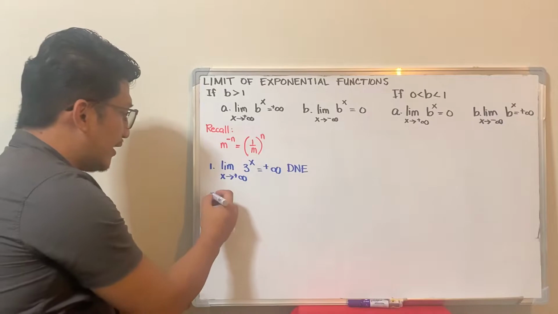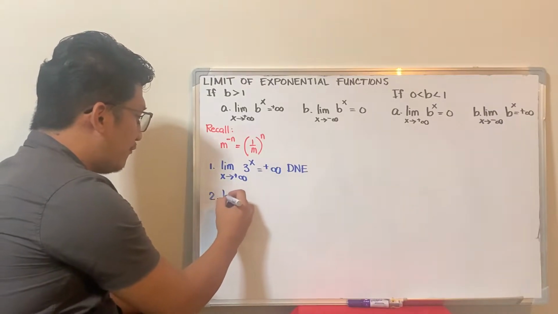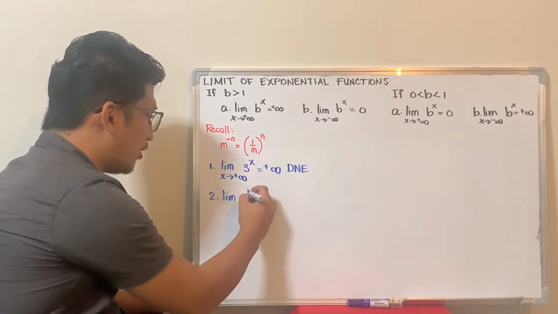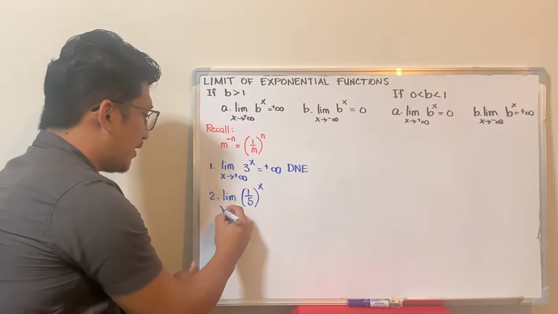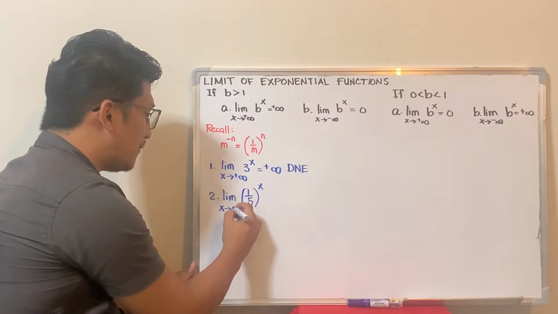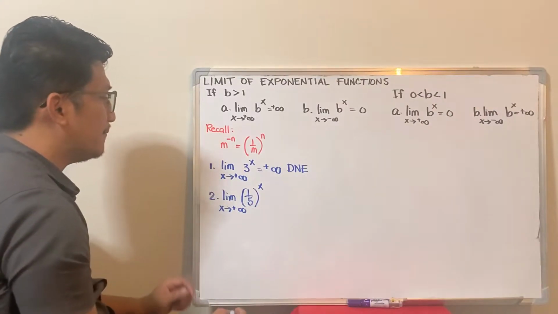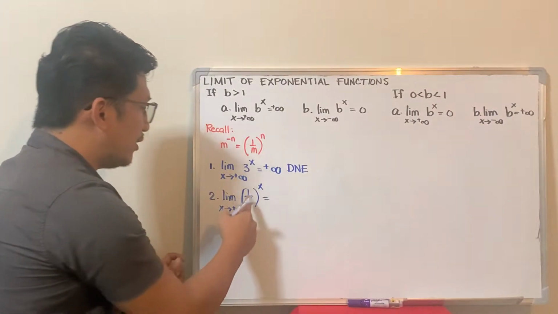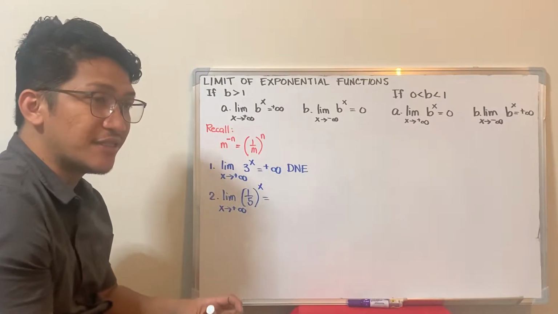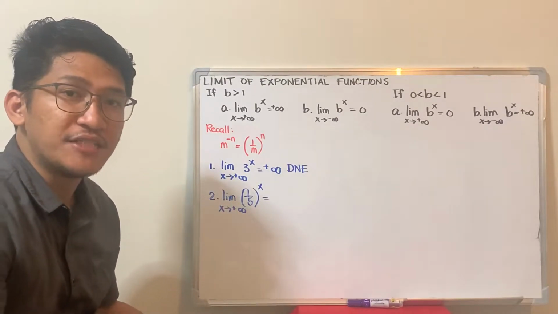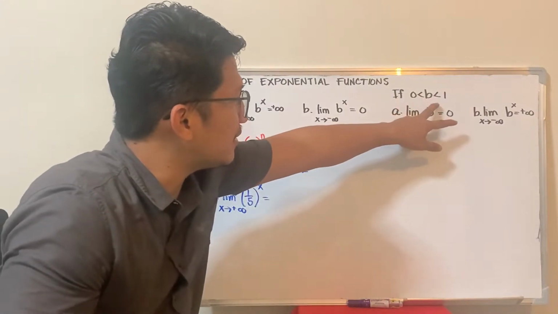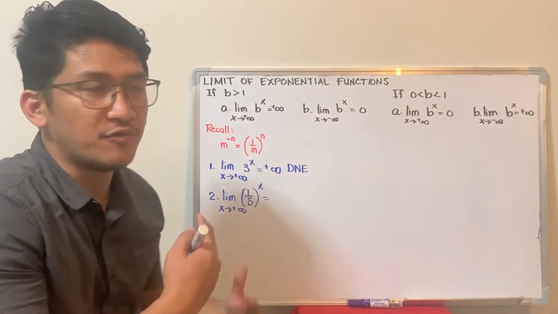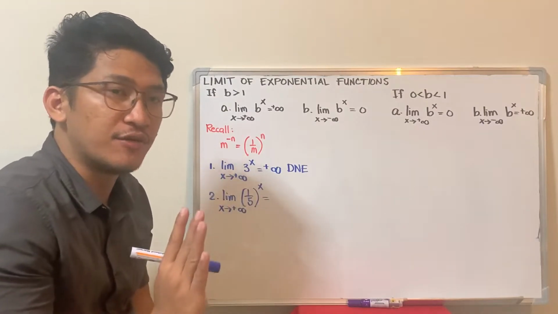Okay? So the second example, number 2: the limit of 1 over 5 raised to the power of x as x approaches positive infinity. If you look at 1 over 5, it is 0.2 in decimal form. Now, 0.2 is greater than 0 but less than 1. It lies between 0 and 1.